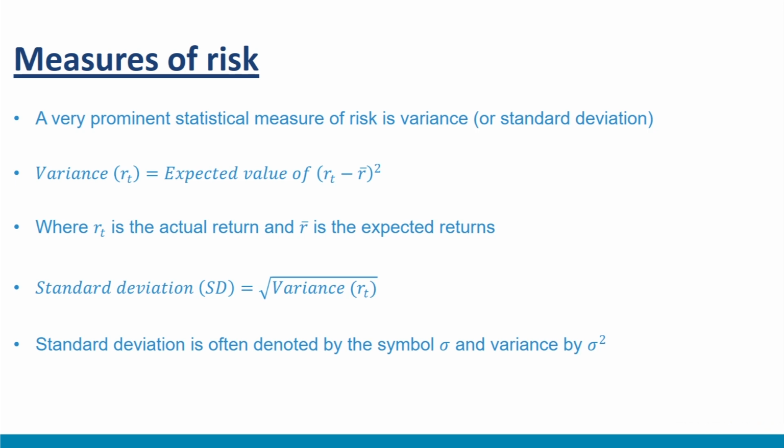That is, variance of RT equal to expected value of RT minus R bar whole square, where RT is the actual return and R bar is the expected returns. Standard deviation is simply the square root of variance. That is, standard deviation SD equal to variance of RT square root of whole. Standard deviation is often denoted by the symbol sigma and variance by sigma square.